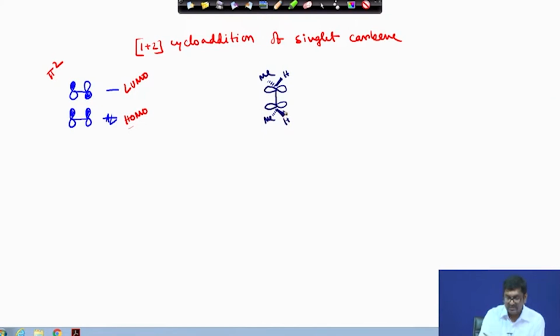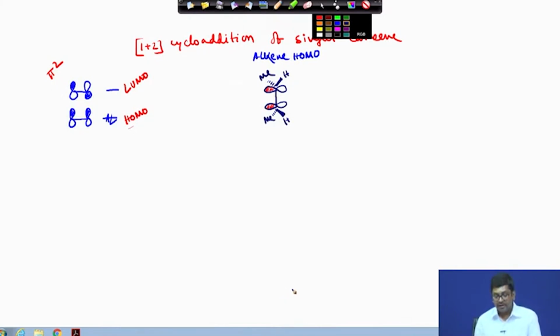So, we have taken this Z olefin, and this is the alkene HOMO. Now, we will see the carbene's LUMO, because the alkene HOMO will react with the carbene LUMO.